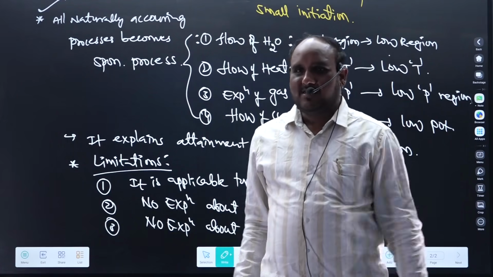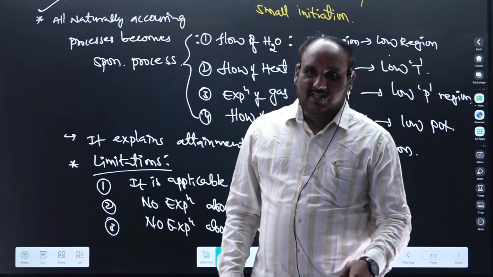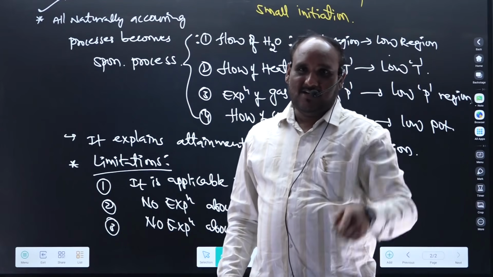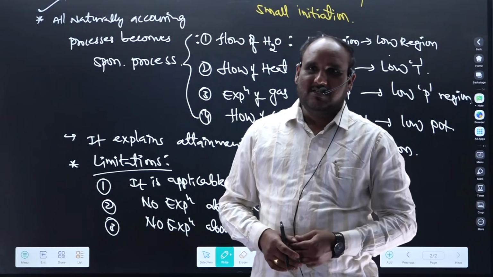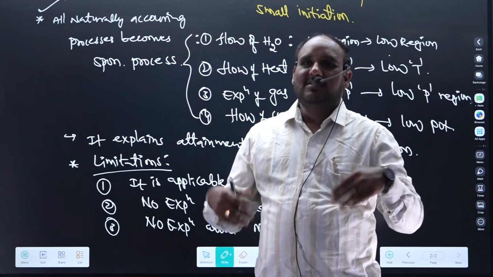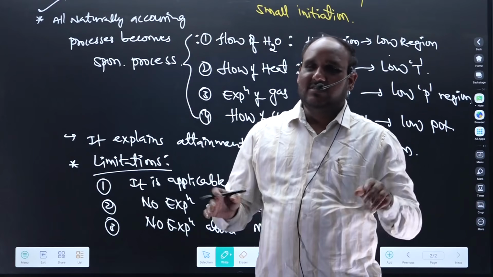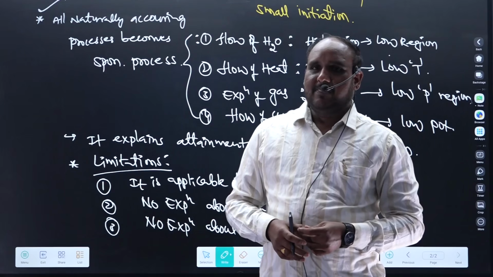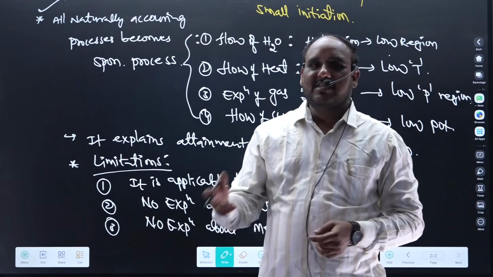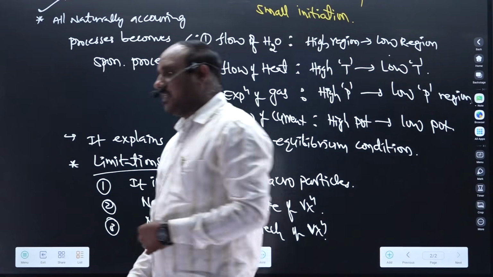After the class, we cannot say the heat was transferred to that corner or this corner. We cannot expect the direction. It may spread all over 360 degrees. So we cannot explain the direction of the process.